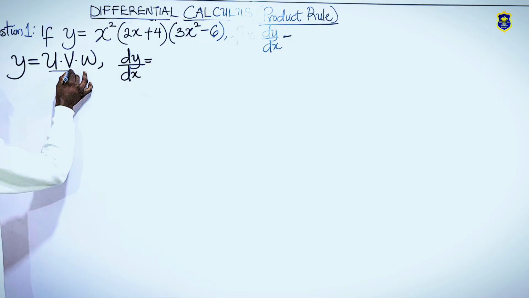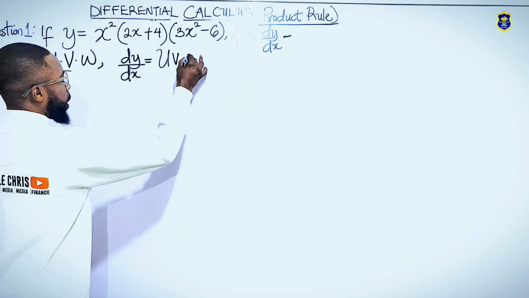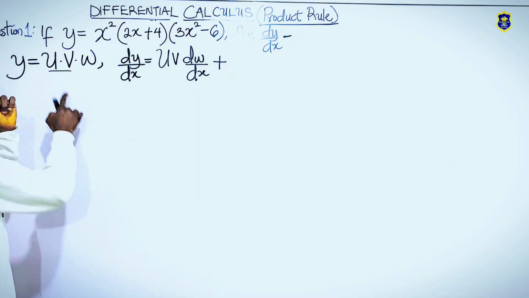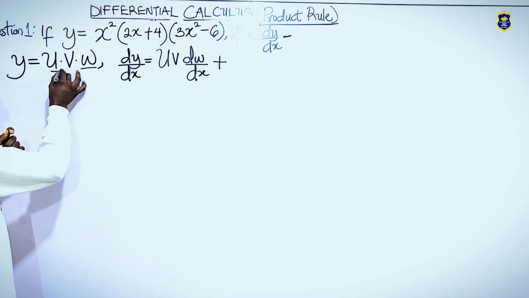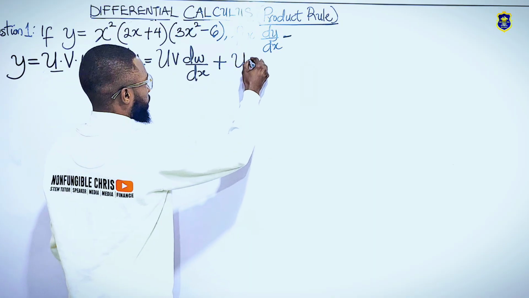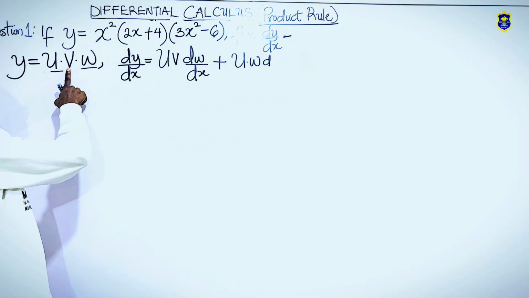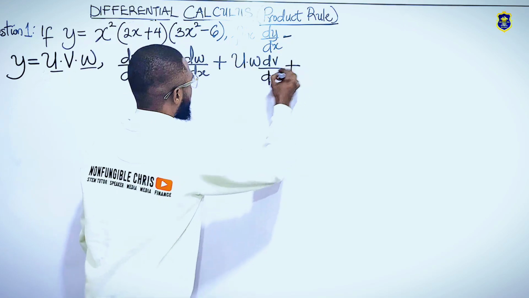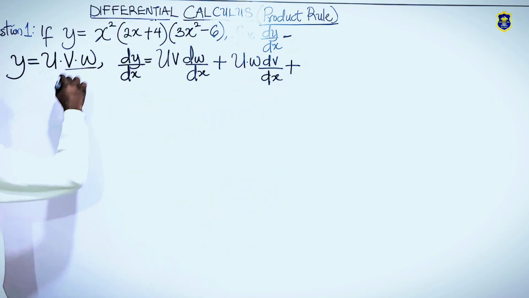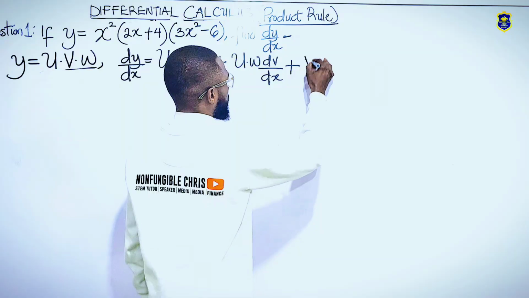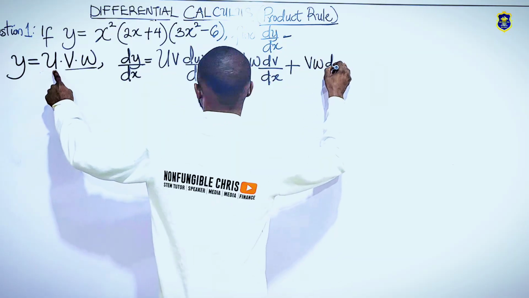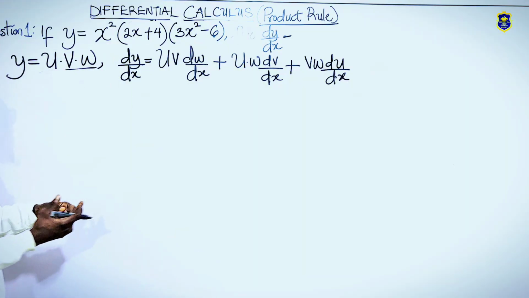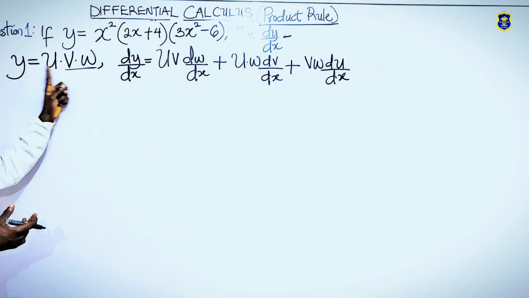We'll start with the product of these 2, uv dw over dx as our first, and then we'll take u and w, u times w, then dv over dx, and then we're going to take vw, then du over dx. And this is the formula for product rule for 3 variables, right?